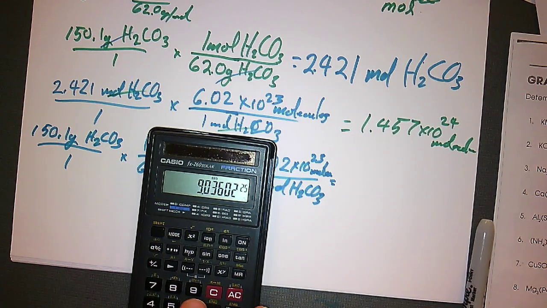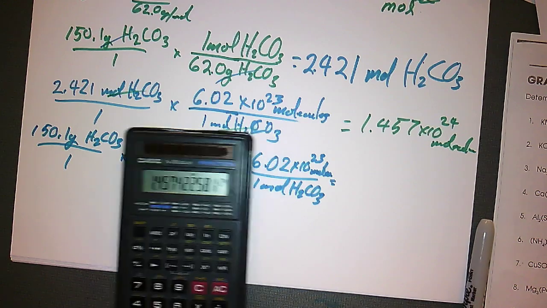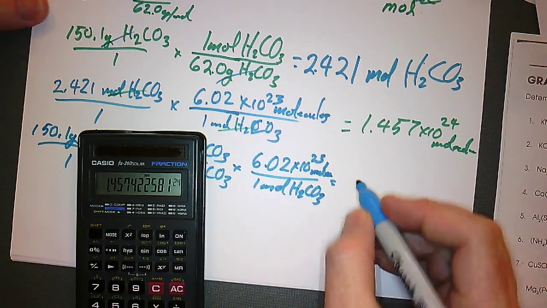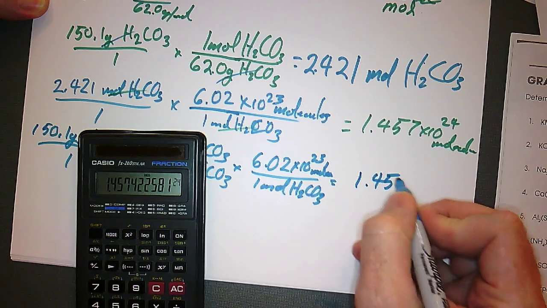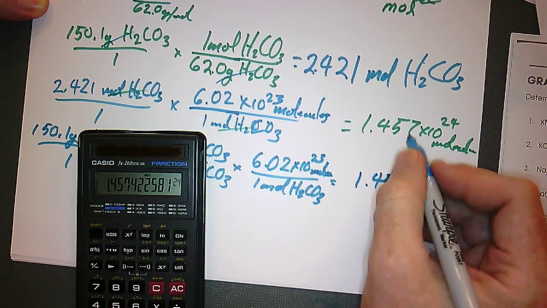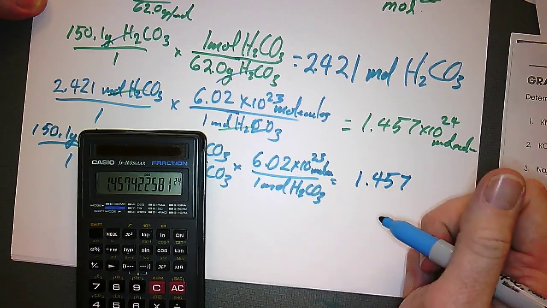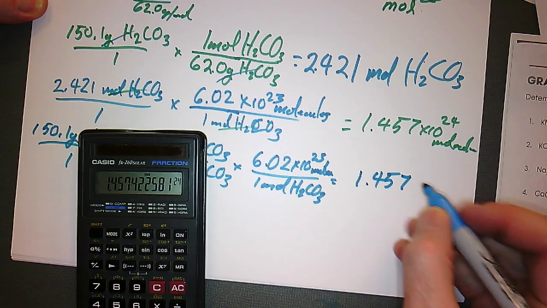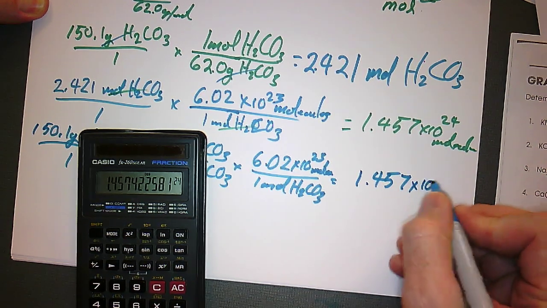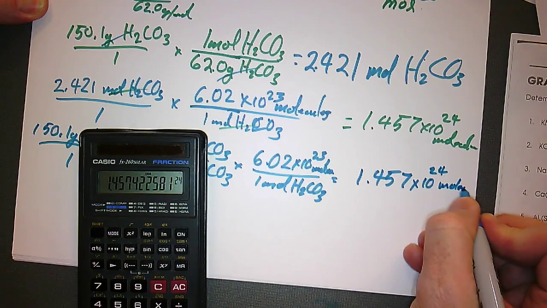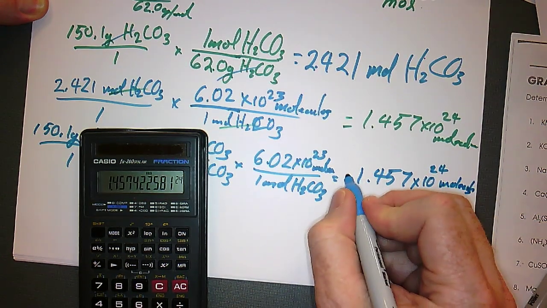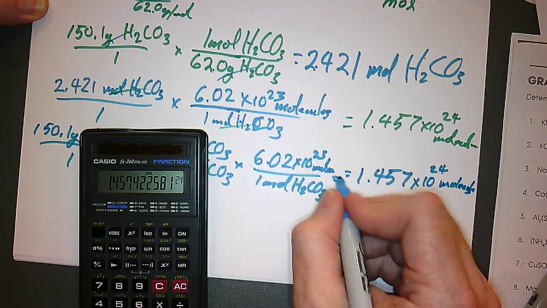I just hit divided by 62. Bam. And I get the same answer. Actually, this one came out exactly the same. Once in a while, this last digit will be a little different because I don't stop and round in the middle. That's okay as long as it's within a couple. It almost always will be. I have not run into a case where it did not.